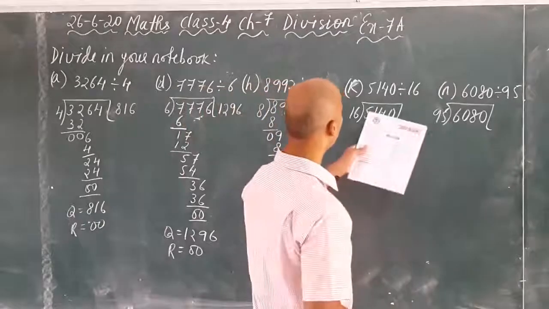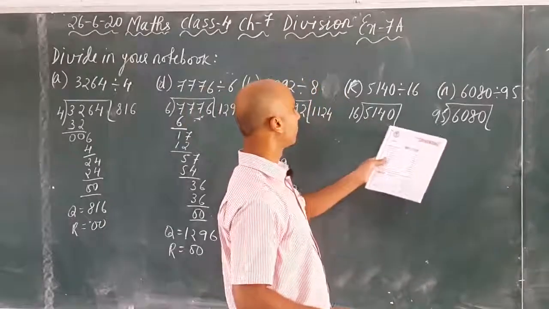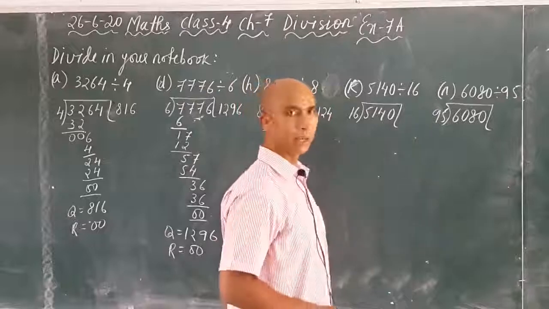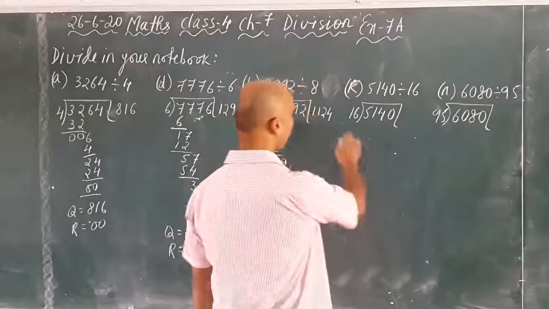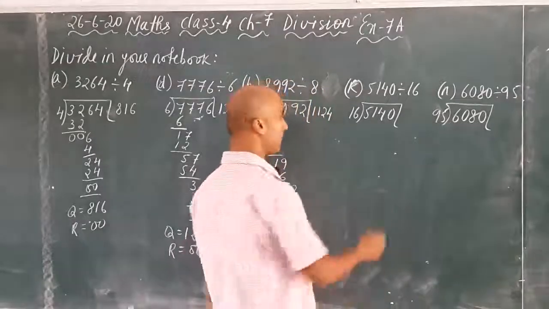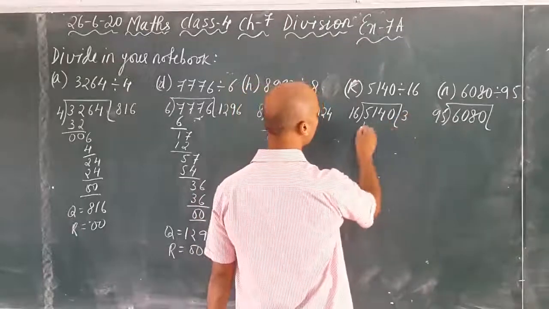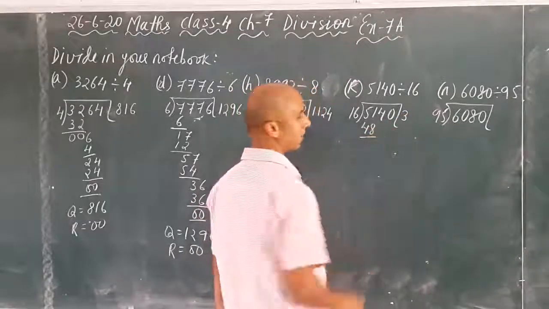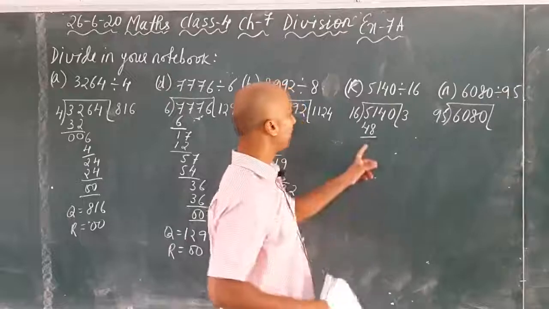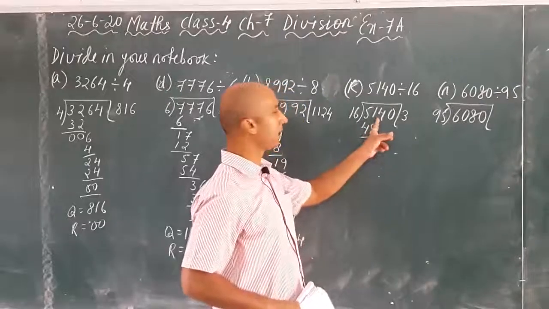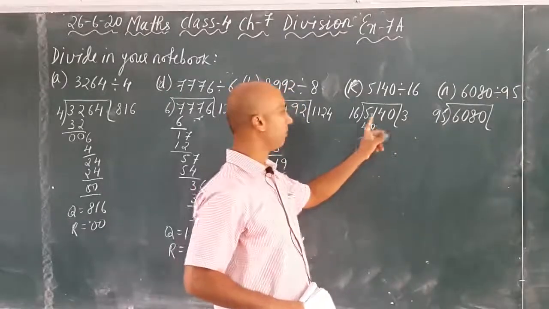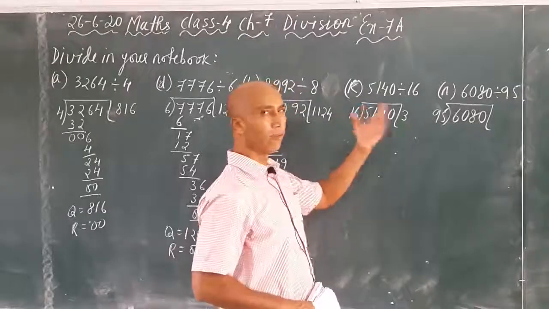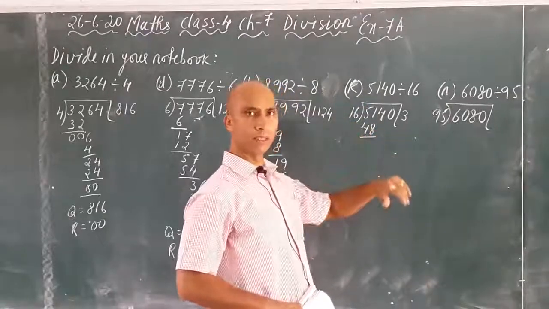Now the next question is 5140 divided by 16. So 16 will go 3 times, 16 3s are 48. Now the same thing we have to see, it should not be more than this number. If you take it 4 times, it will become 16 4s are 64.